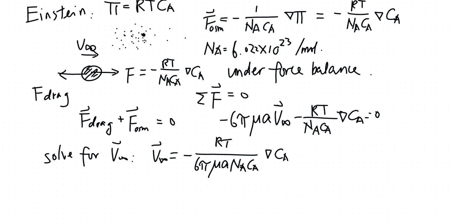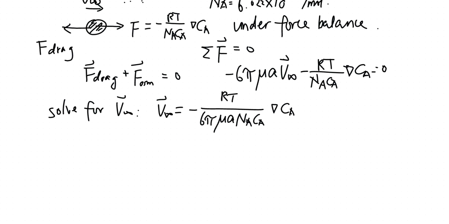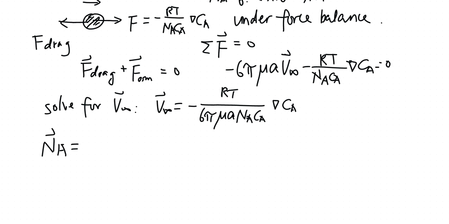Now the next step is we are looking for the flux N A. Here this N A is not Avogadro's constant, this is the flux N A. This is important: you are thinking about a single particle.